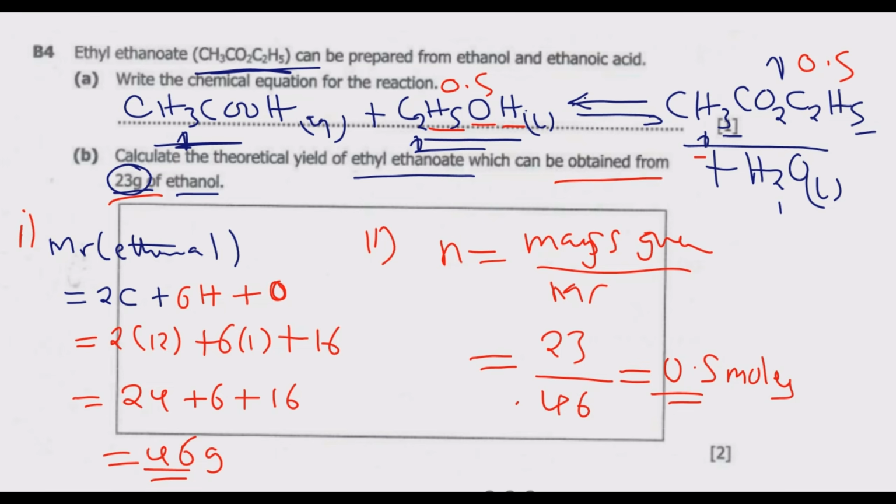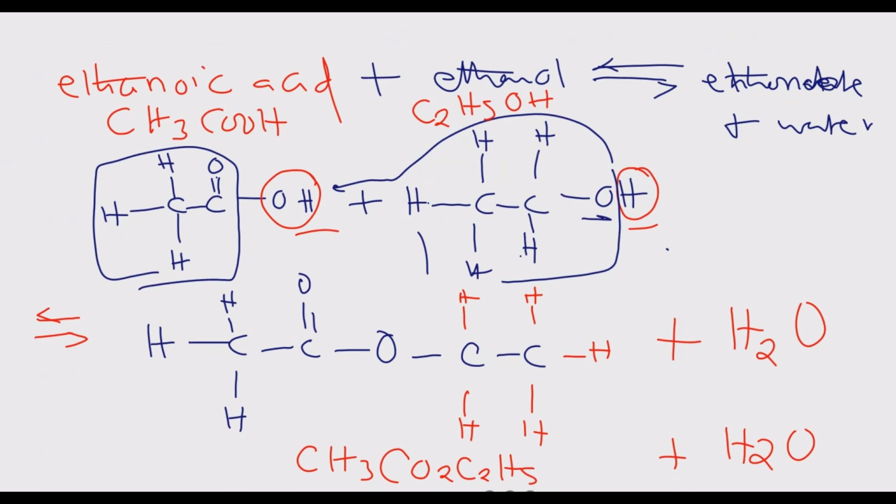Now for us to know the mass that we're going to obtain, we need to know the relative molecular mass of this, because we know the number of moles is 0.5. So in this case, we find the relative molecular mass of ethyl ethanoate, which is CH3, C, C2H5.